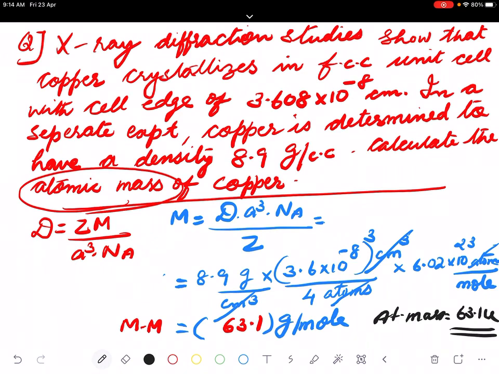Sometimes they ask to find out the nature of the unit cell, meaning whether it is simple cube, BCC or FCC.